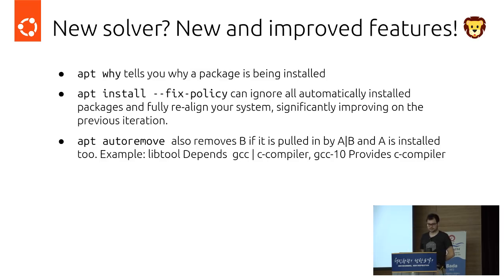So now apt currently keeps all the versioned GCC packages installed because of the alternate choice here in the dependency where it says gcc or c-compiler, which is a bit suboptimal, let's call it that. But it is certainly the safest choice to make. And now we can keep only the strongest path installed, which in this case would be the gcc choice in the or group.